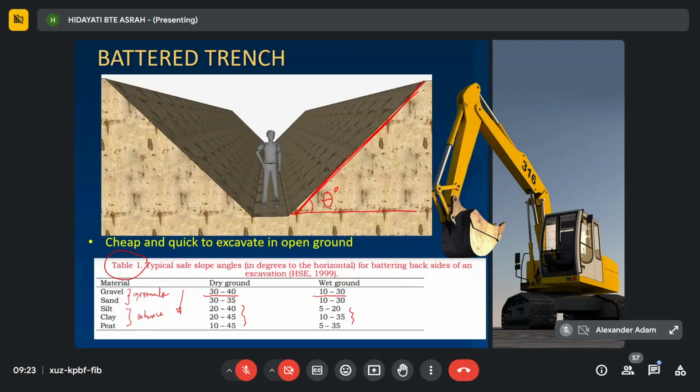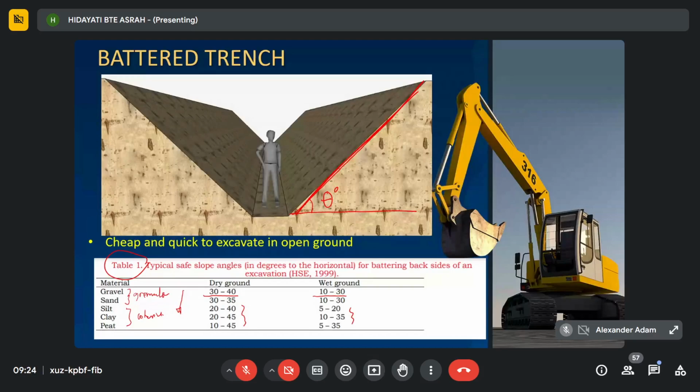This is the suggestion, 30 to 40, but depending on your soil type it can vary. It's not fixed to one type only, so it's difficult to determine the angle. In that case, it is better to use support. Even though this is a battered trench, you can use timber support to make sure that the slope is safe.